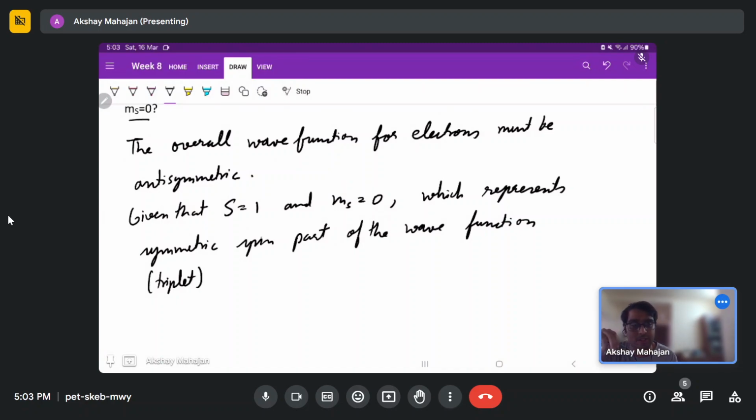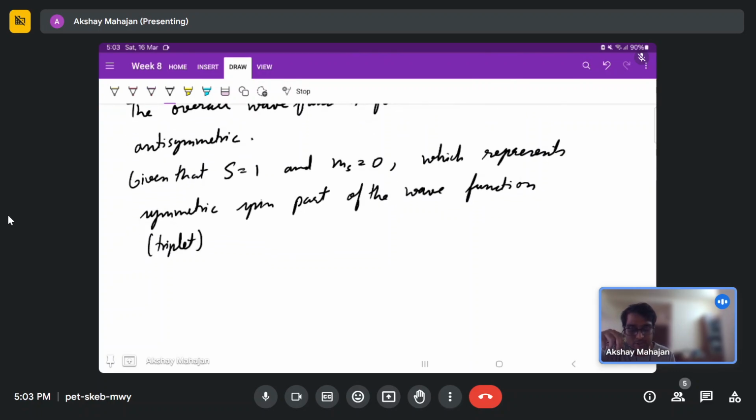From S equals 1 and MS equals 0, we know that for S equals 1 the spin state is going to be a triplet state, as we have seen in the lecture. For S equals 1 we have MS equals 0, and the antisymmetric spin state comes in the singlet case, when we have capital S equals 0.